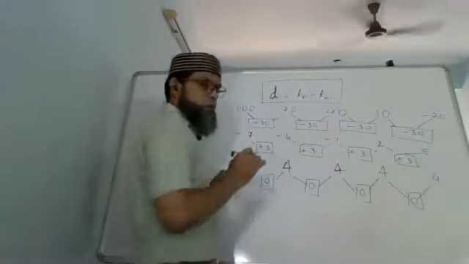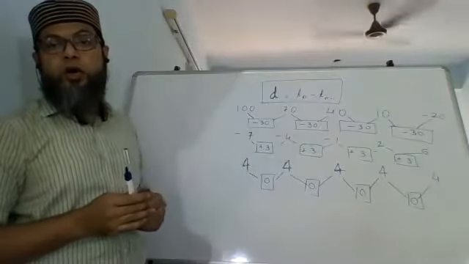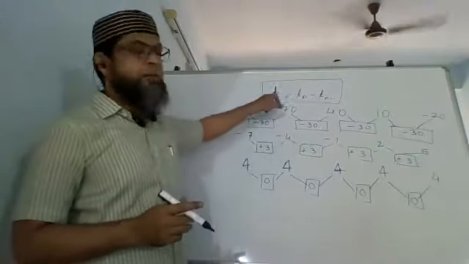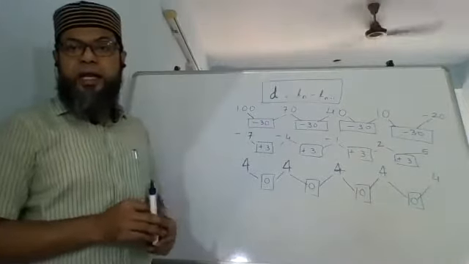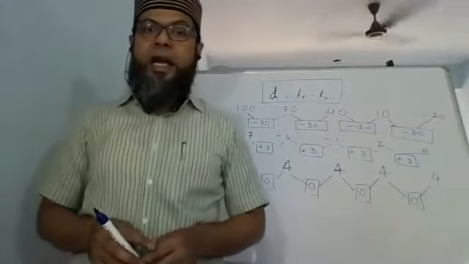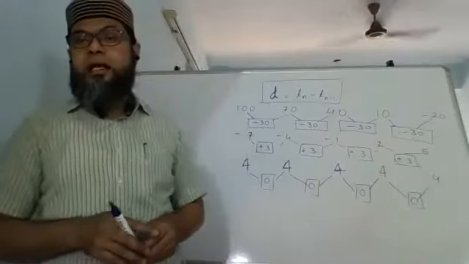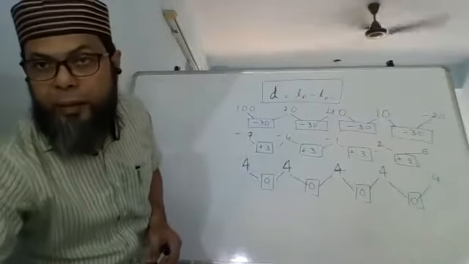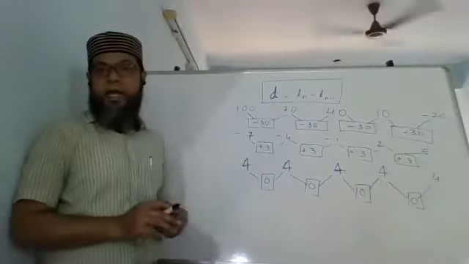Please note it down. You will also be writing this down in your formula book later on. So these are some of the terms that we are going to use. D equals Tn minus Tn minus 1. This is an important formula.